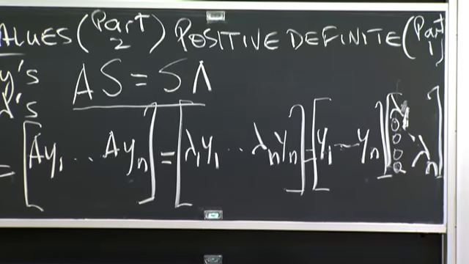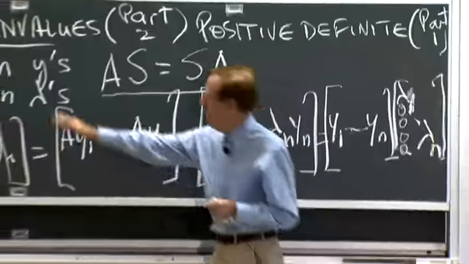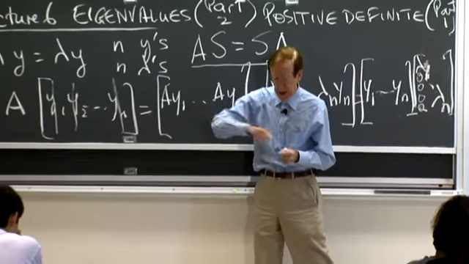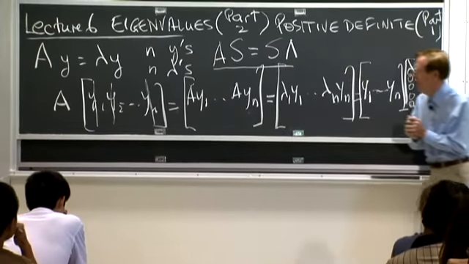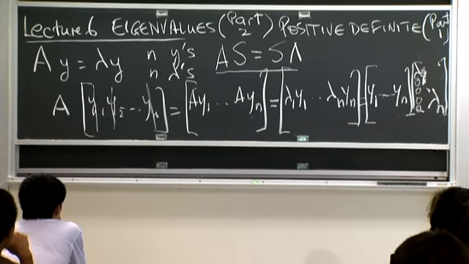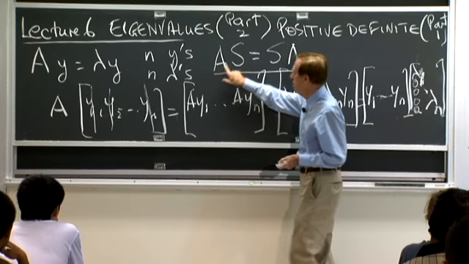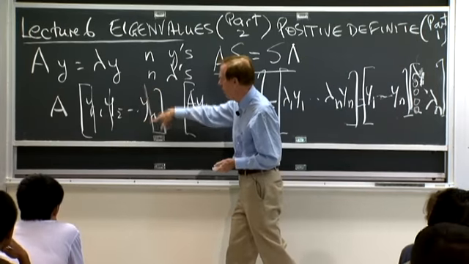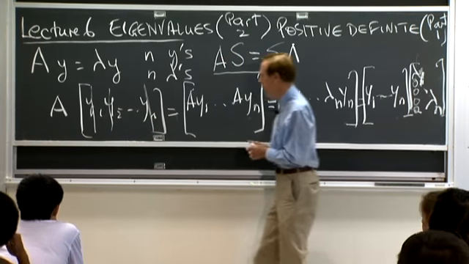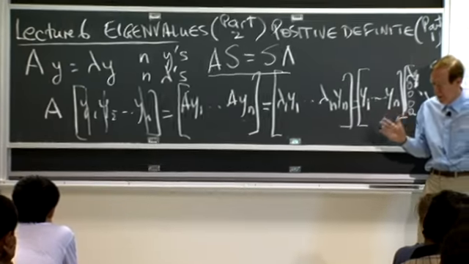Straightforward. Now I'm going to assume that I've been able to find n independent directions. And almost always you can. For every symmetric matrix, you automatically can. So these y's are independent directions. If those are the columns of a matrix, here's a key question about matrices.